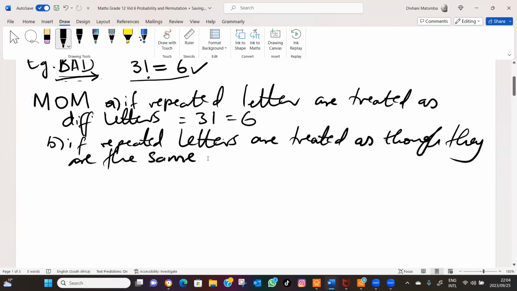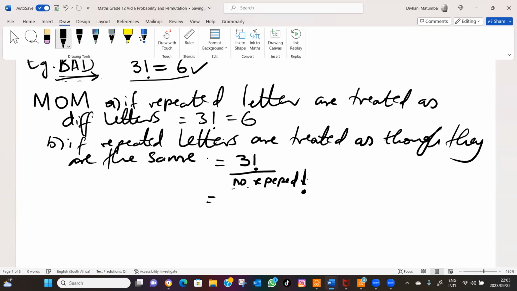Now we're diving into a new rule. We get 3 factorial, however it is divided by the number of repeated letters, and it's given a factorial.